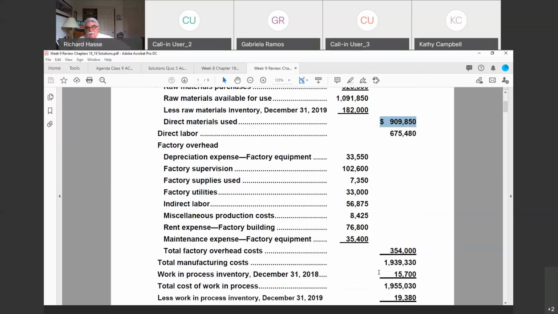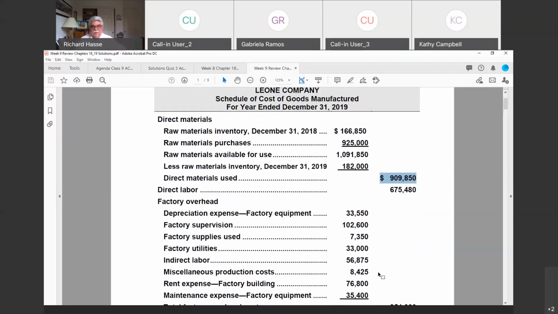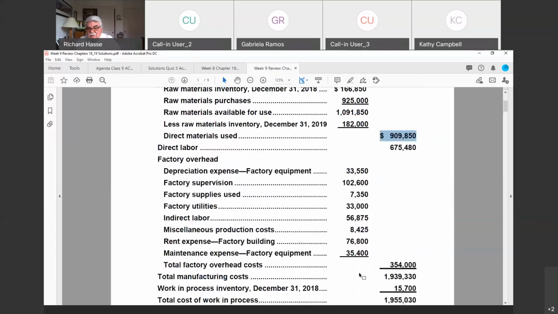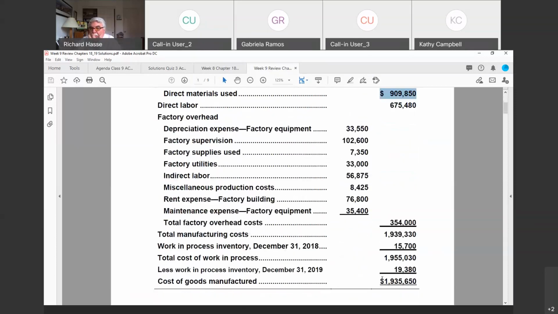So this statement of cost of goods manufactured probably would be for the manufacturing people who are accountants or managerial accountants of manufacturing. What did it cost us to produce this year? Oh, it cost us $1,935,000. Materials, labor, overhead. Since we're not accountants in here, we don't have to worry about the journal entry flow through the system, which is good.